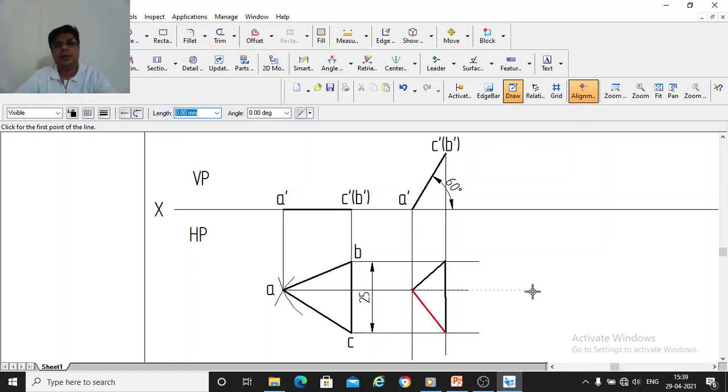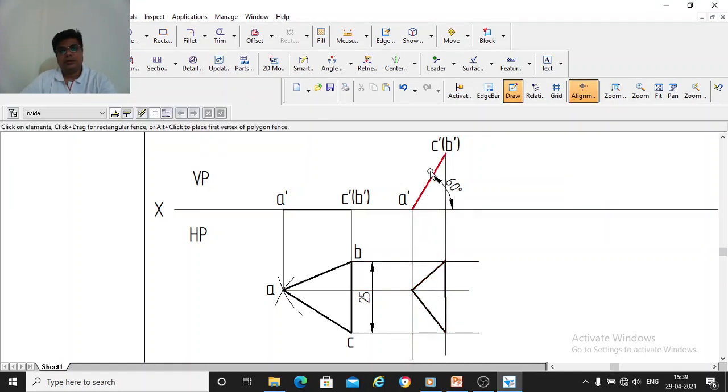Right? So you are getting the top view of this second stage. This is the front view and this is the top view when the plane is inclined at 60 degrees to HP and it is resting on the corner on HP.